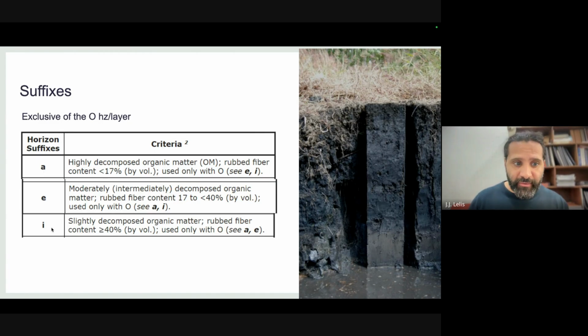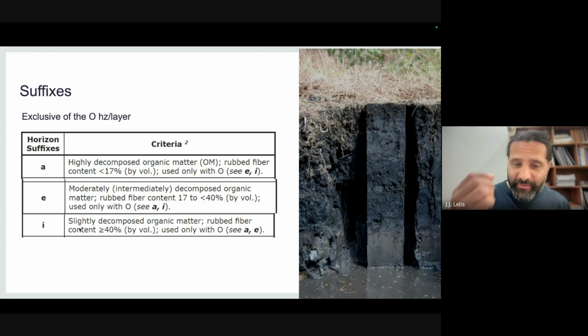In the opposite case, if I register a huge amount of material that is slightly or low decomposed, I will add the letter I. So if the content of low decomposed organic matter is equal to or higher than 40%, I will add the letter I. Okay, so the material is basically low decomposed organic matter.